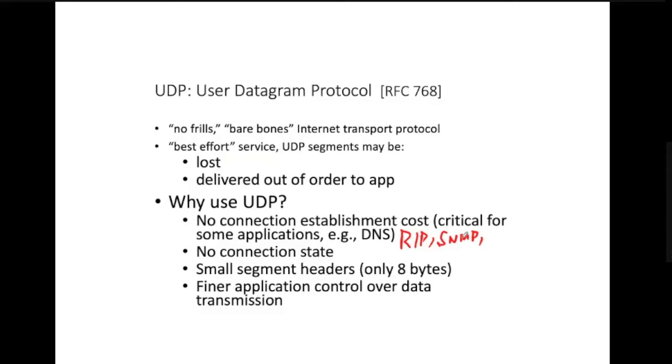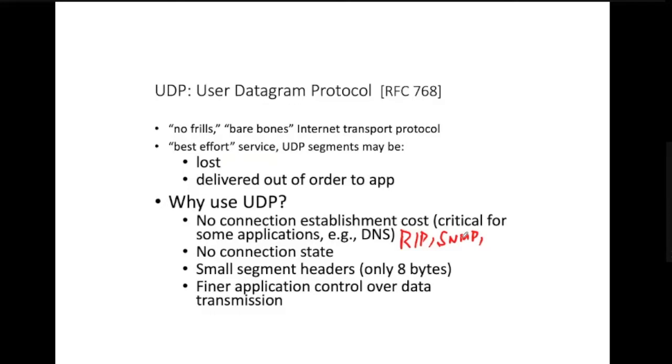I'll send a segment to the server machine, it will be responded to by the server, then I'll again send another segment. I'll be sending three segments before establishing a connection with the server. So there is no connection establishment cost in this case, which makes it fast compared to TCP.